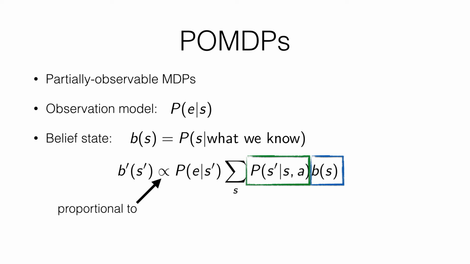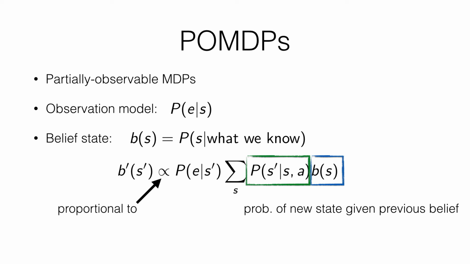This is something we've seen. We should be comfortable with traditional MDPs from the last video and from the last class. This is just the probability that we're in state S prime, given that we used to be in state S and that we took action A from state S. So when you put these two things together, this basically represents the probability of a new state given the previous belief.